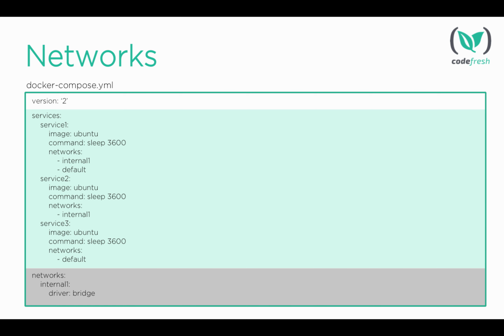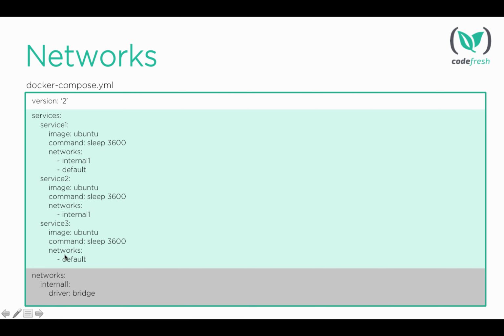We're using the bridge driver, which means this will run on the local host that the composition will be running on. We can actually also use the overlay driver, and that will create a network that can run across multiple hosts using Swarm.